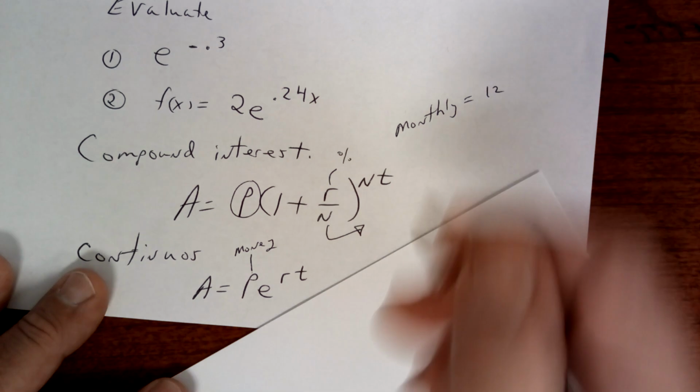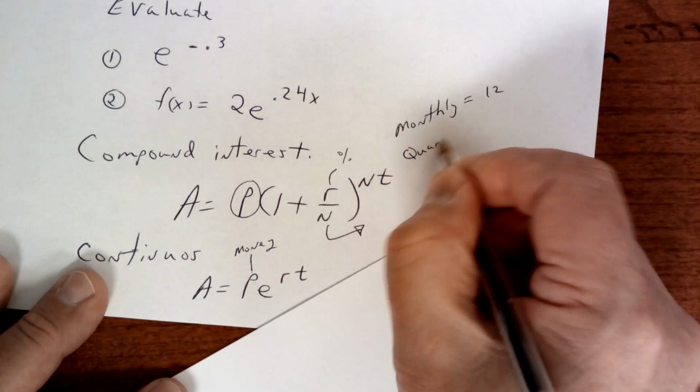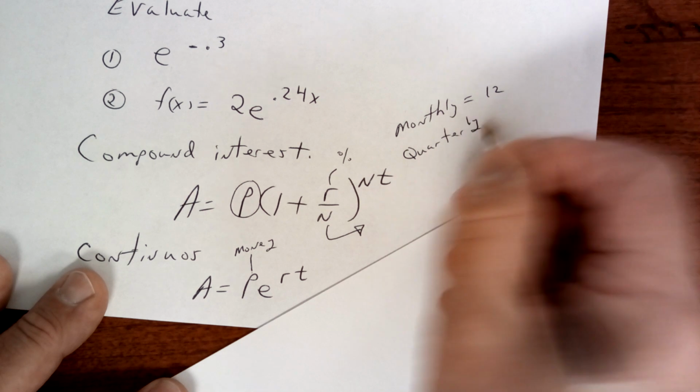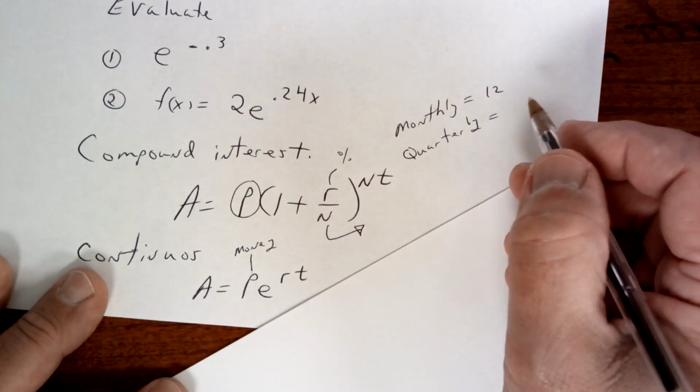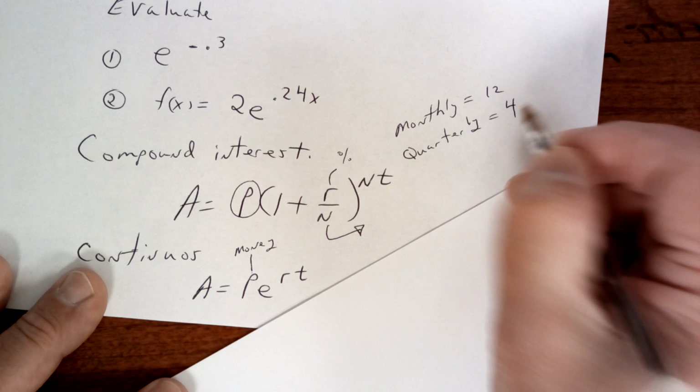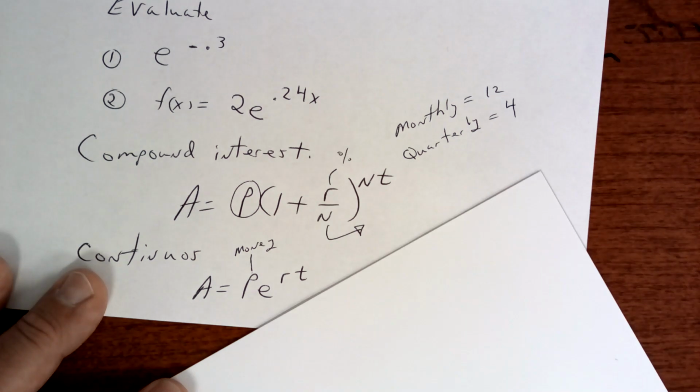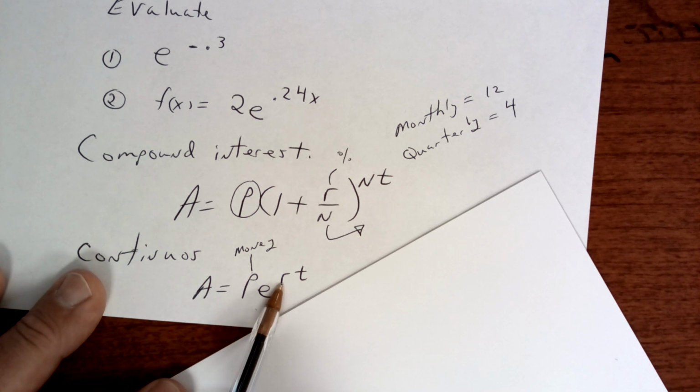If it's quarterly, that would be every 3 months. So that would be 4 times a year. 4 times 3 is 12. If it's continuous, you got to use this formula here, where r is the rate and t is the time.